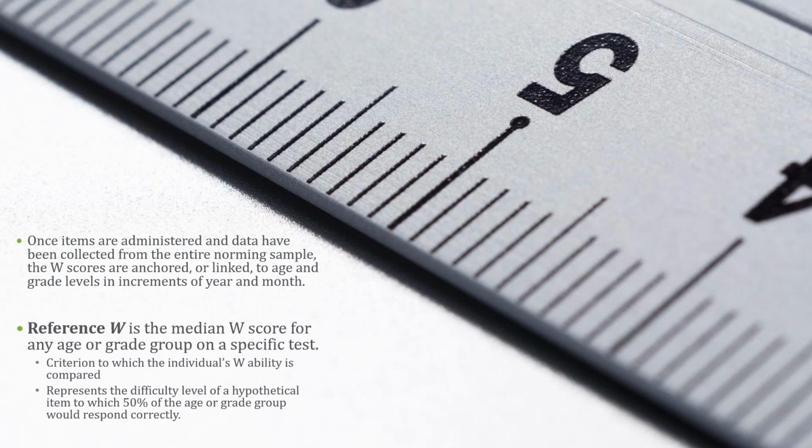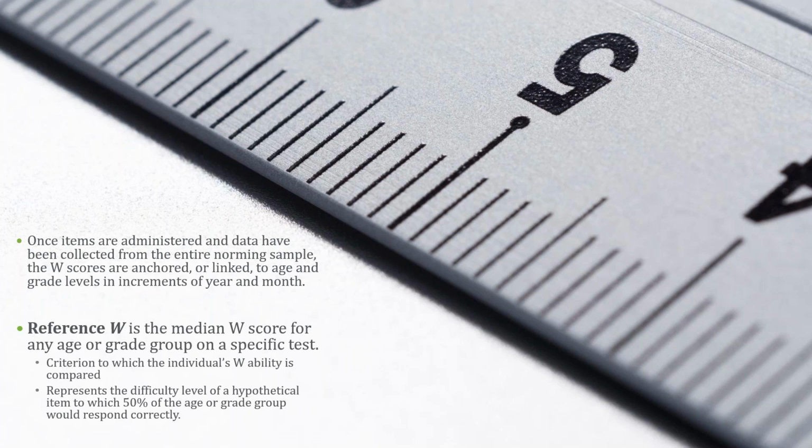This becomes your reference W. This corresponds to the level of difficulty at which 50% of the group responds correctly and 50% responded incorrectly. Thus, the median W ability represents the average difficulty level that each group can manage.